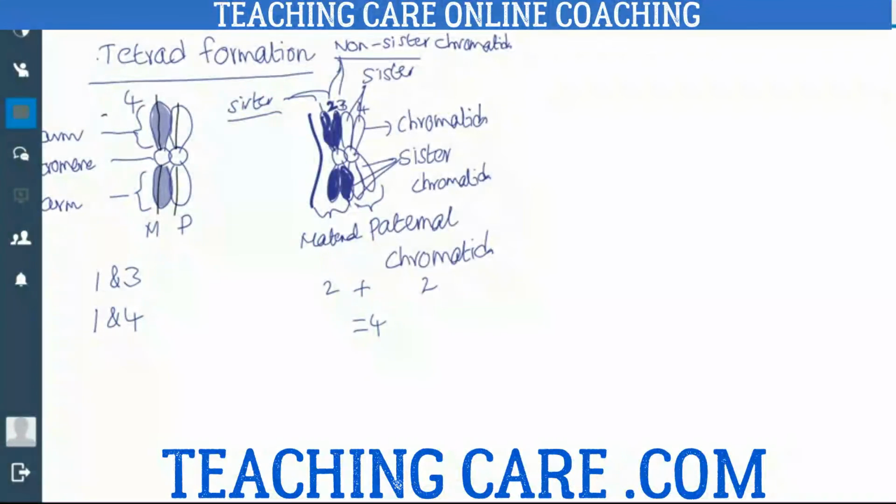Okay. So 1 is maternal, 3 is paternal. Sir, if you take maternal and paternal, both are not sister chromatids.